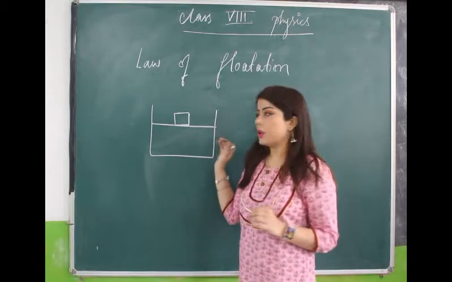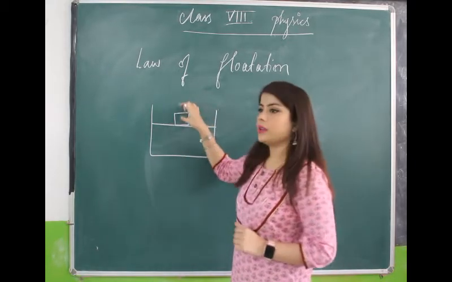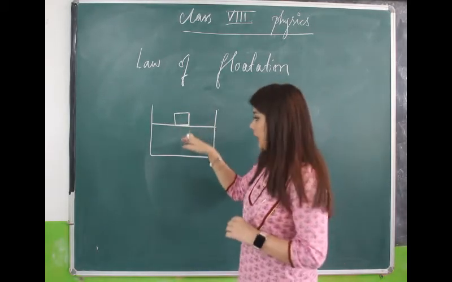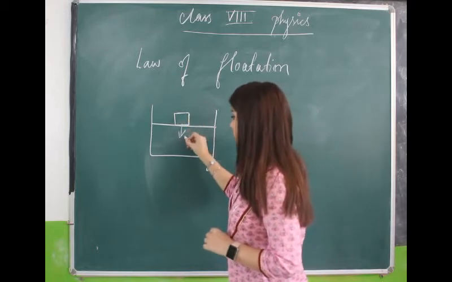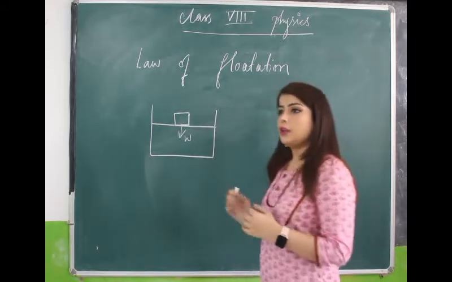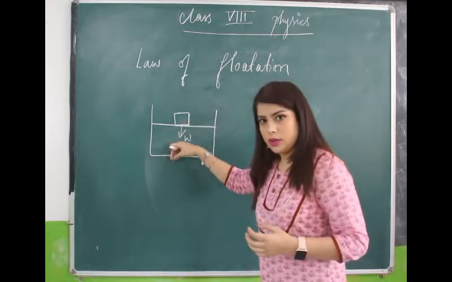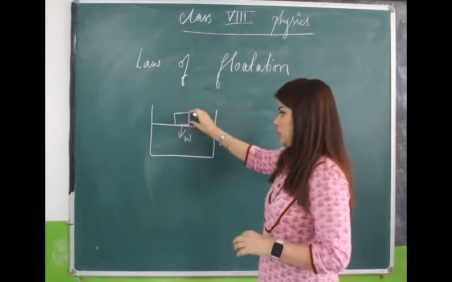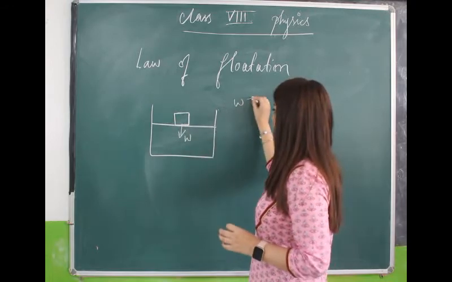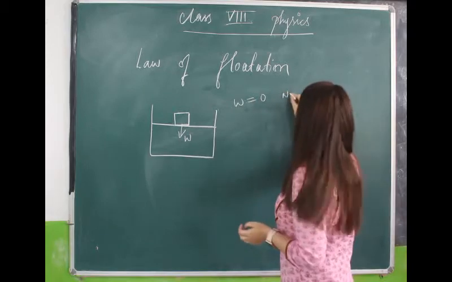Now, when you look at this image, there is a liquid, and on top there is an object. This object is applying some force towards the liquid. That is known as the weight of the body. If the weight is more, that means the force is more, and the object will go down. If the weight is less, it will float. It will float on the surface when the weight is zero. No force at all. Weight zero means no force.